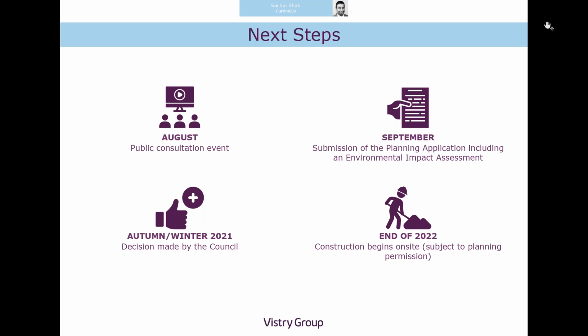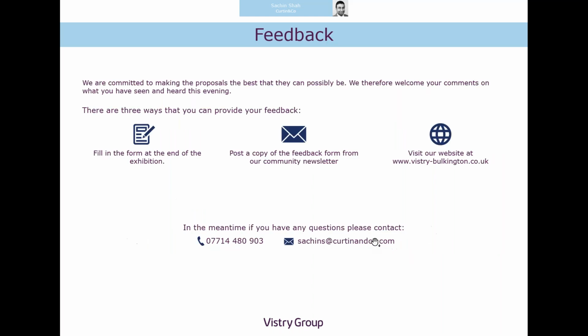Following on from that, the council will run its own consultation process, which it has to do after the planning application is submitted, and it will then make a decision around the autumn winter of this year, or maybe early next year. And subject to planning permission being granted, construction will start on site at the end of next year.